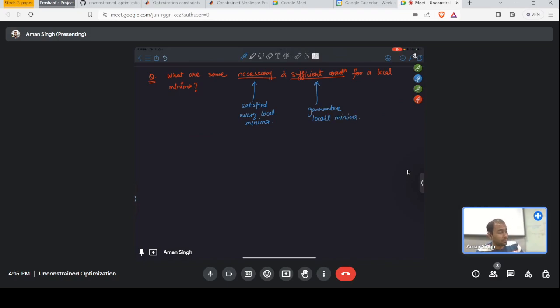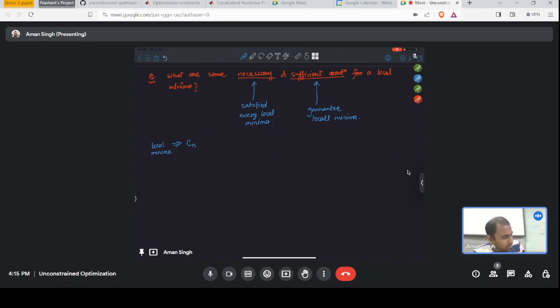If some condition is both necessary and sufficient, then that is an if and only if condition.